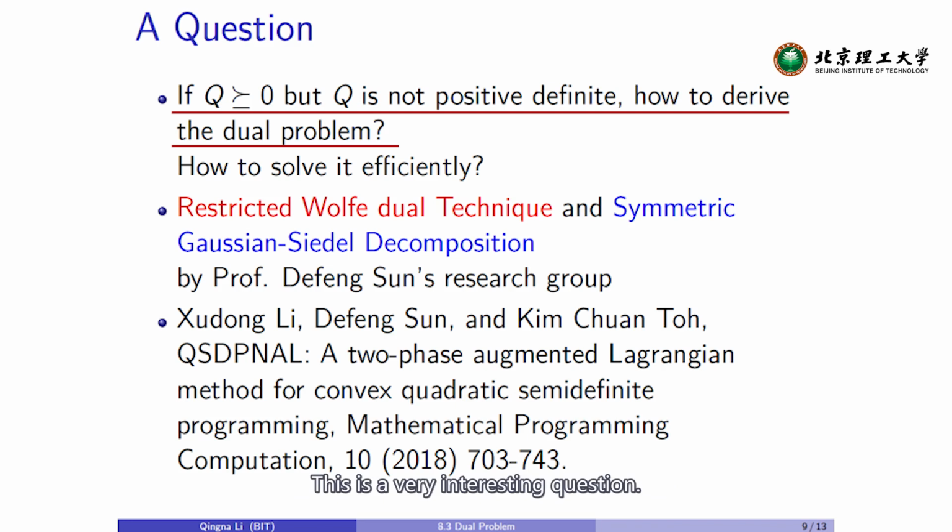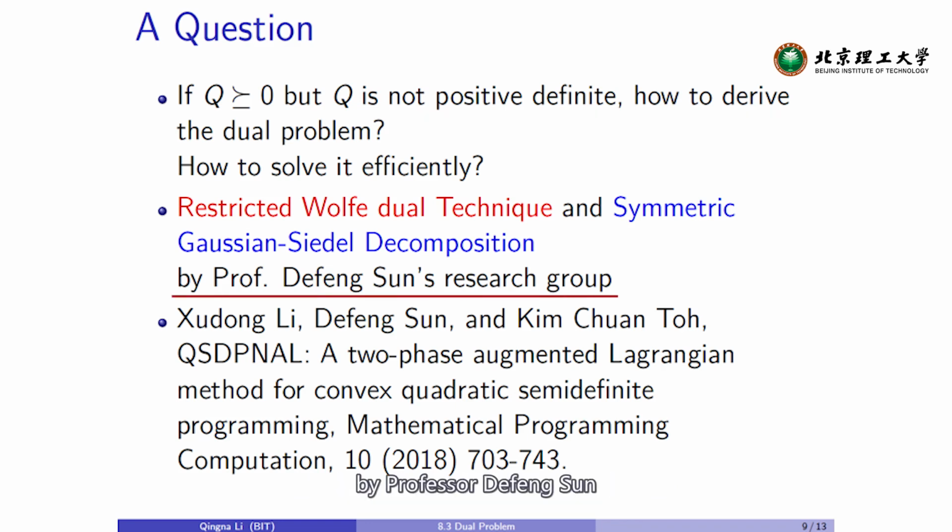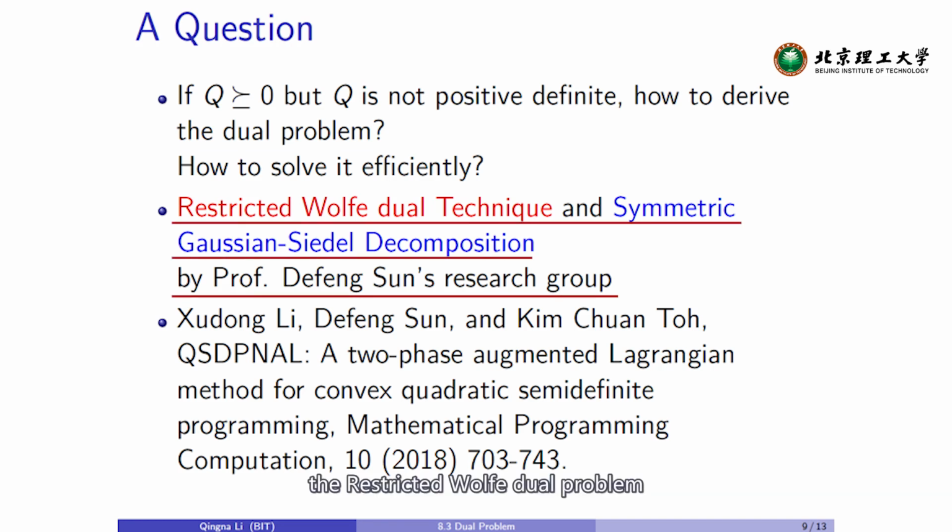This is a very interesting question, and it was just recently answered by Professor Defeng Sun and his research group. We can define the restricted Wolfe dual problem, and using that technique as well as the symmetric Gauss-Seidel decomposition, we can derive the dual problem in the case that Q is only positive semi-definite.